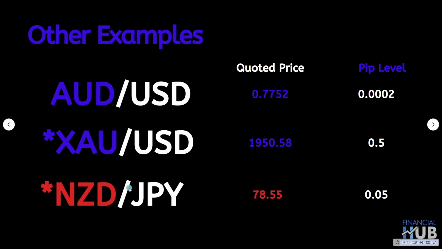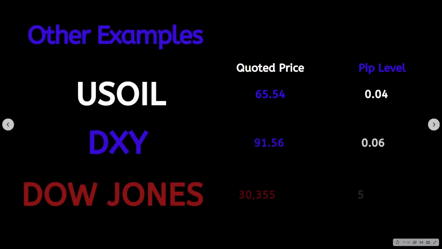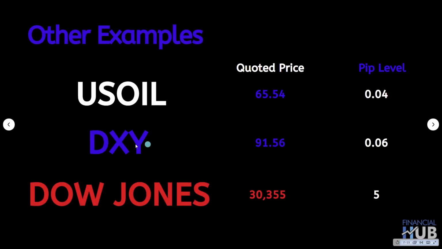But when it comes to NZD JPY, we only have 4 numbers in total. We don't have a 5th one. So even if you take this and count 1, 2, 3, you don't land on a 4, you land on the 3rd one. But when it comes to NZD JPY, we take that as our pip number, okay? So note that for NZD JPY, when the number is in 4, we take the last one as our pip number. Same thing goes for US oil and the dollar index, DXY.